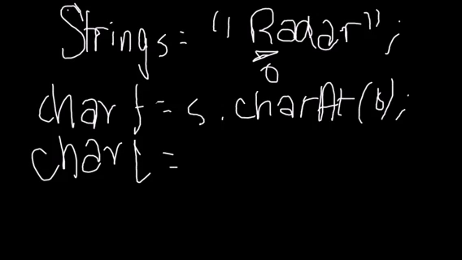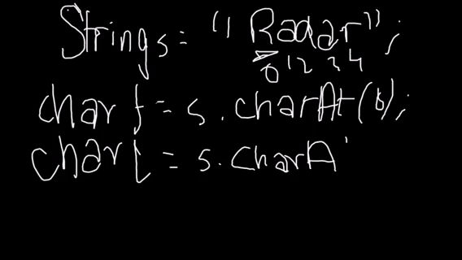In a string of 5 letters, we can count 0, 1, 2, 3, 4, so we could just write s dot charAt 4. But what if, hypothetically, you don't know the length?